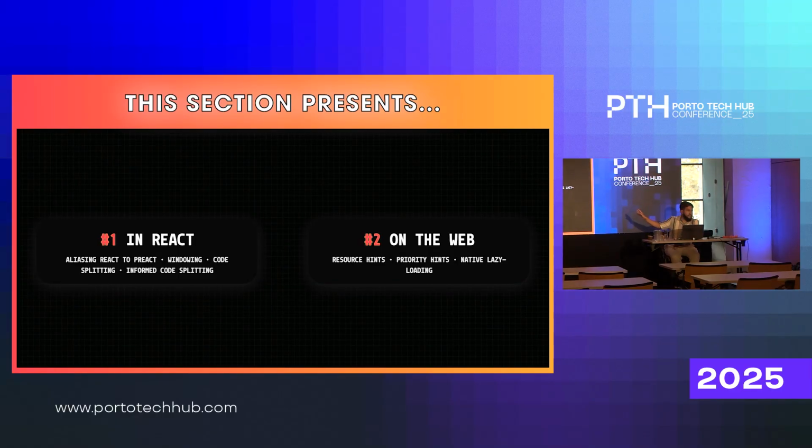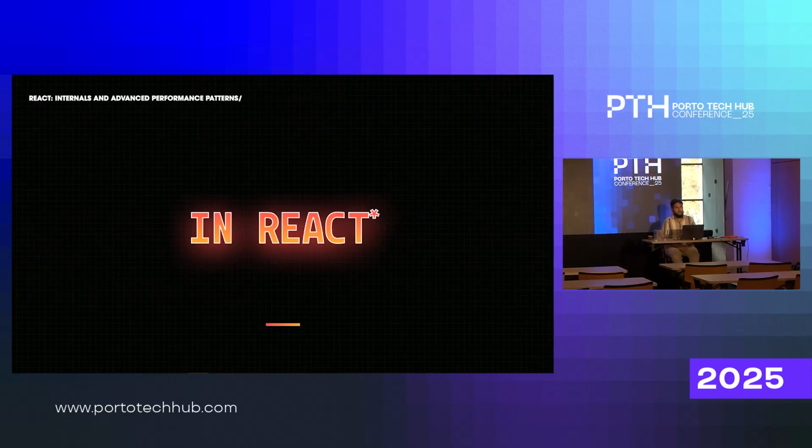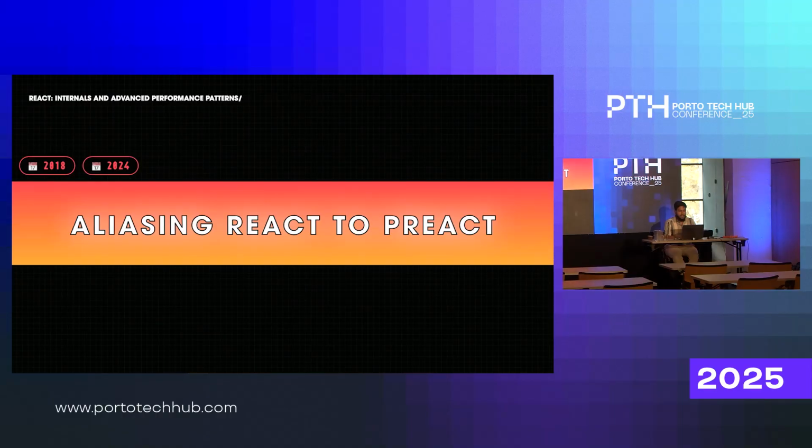Here I've got two sections, one about React and one about more general stuff that also works on the web. So in React, and there's an asterisk because some of these may also work outside of React.